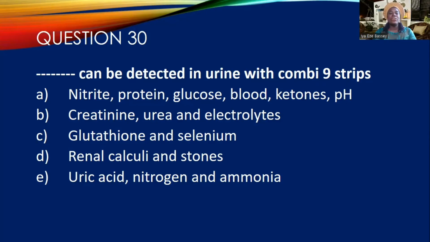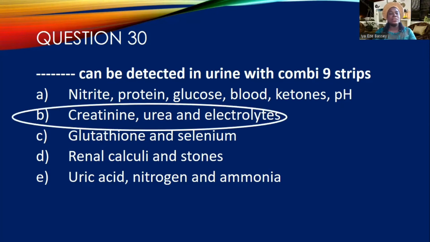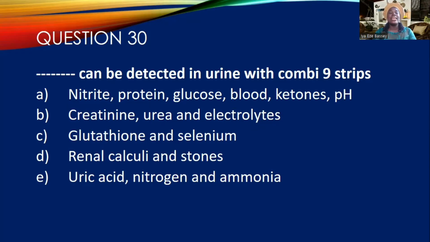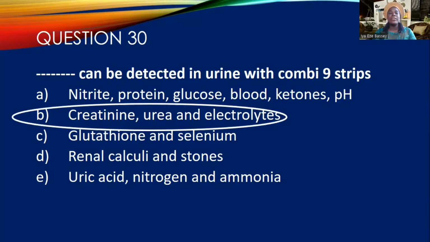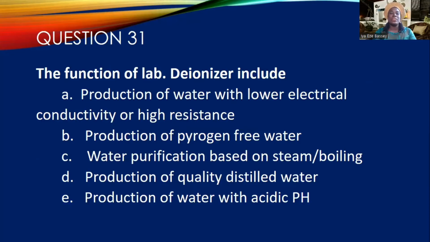C, glutathione and selenium. D, renal calculi and stones. E, uric acid, nitrogen, and ammonia. You can't detect creatinine and urea with this. You detect nitrite, protein, glucose, blood, and ketones, and pH with the combined strips. All right, so question number 31.